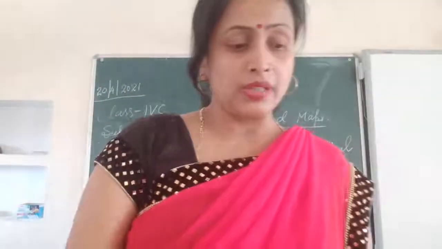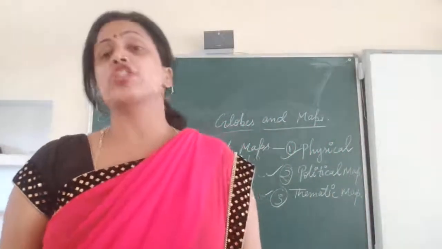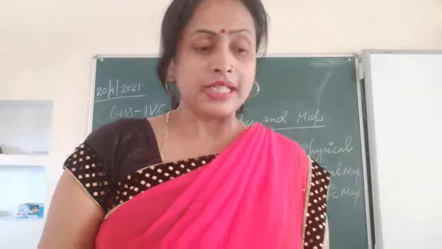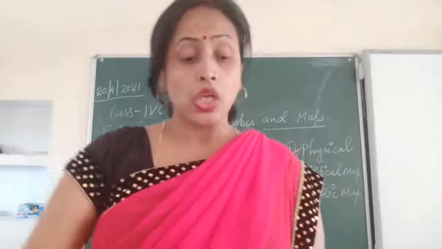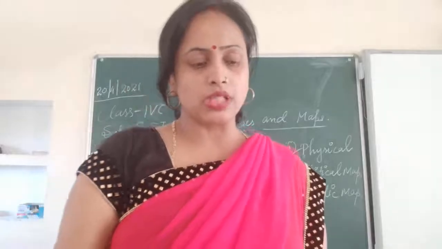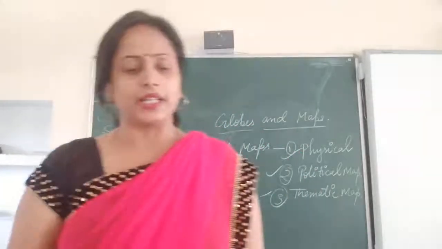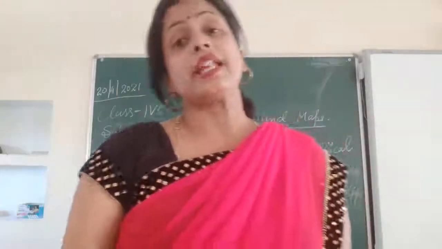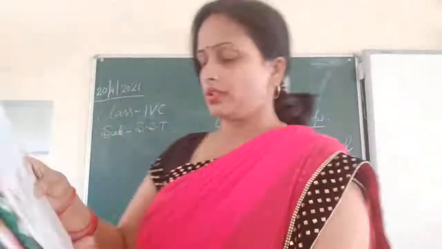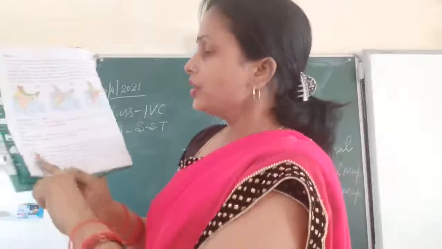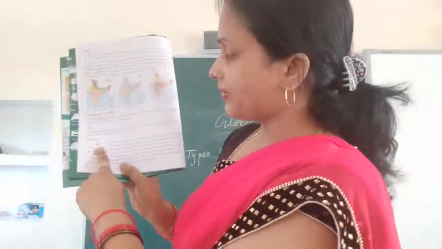Now come to another one, direction. What is the direction? Direction shown on any map always indicates the north. Once we know the north, we can easily locate the other directions. First we come to know which one is the north direction.